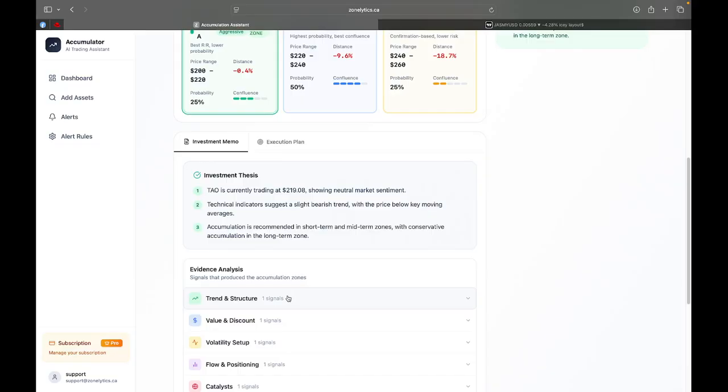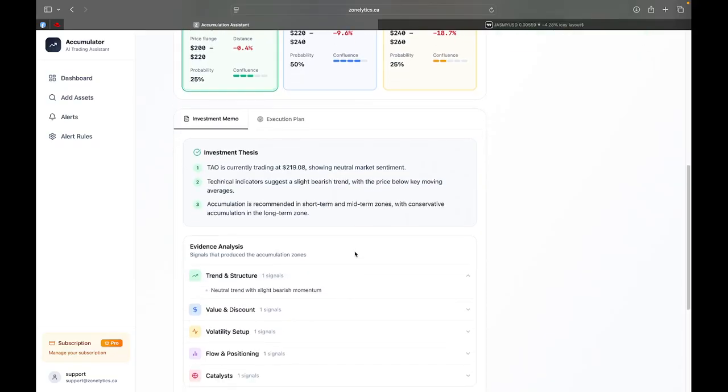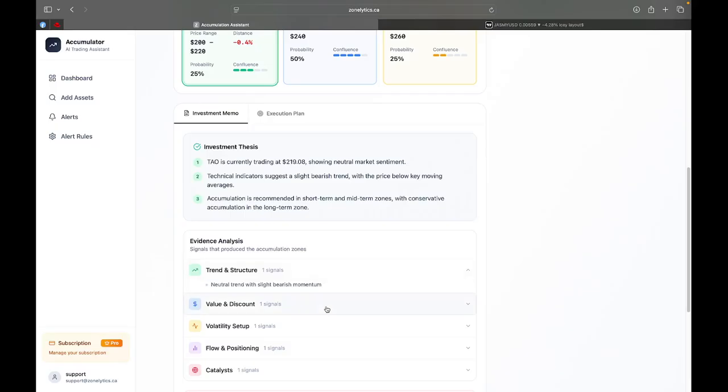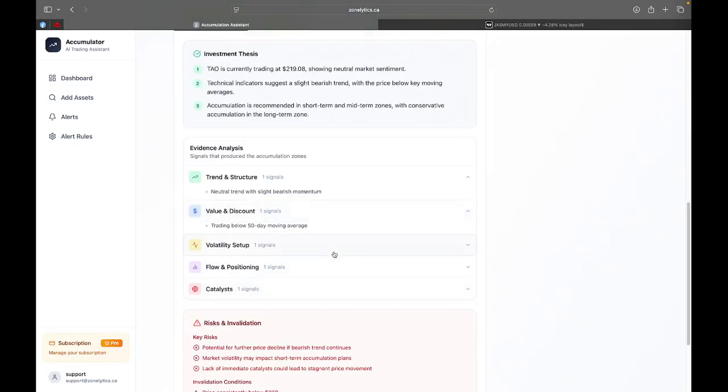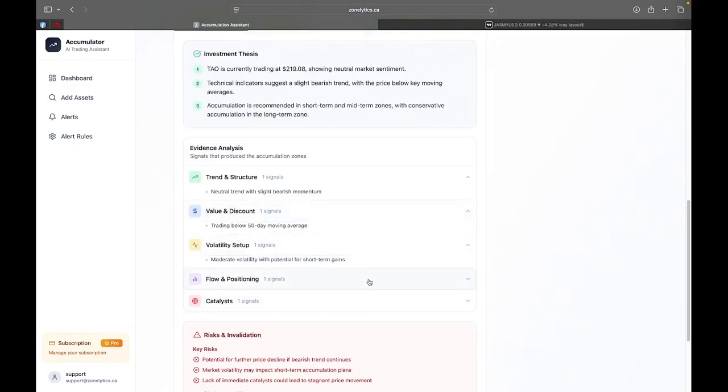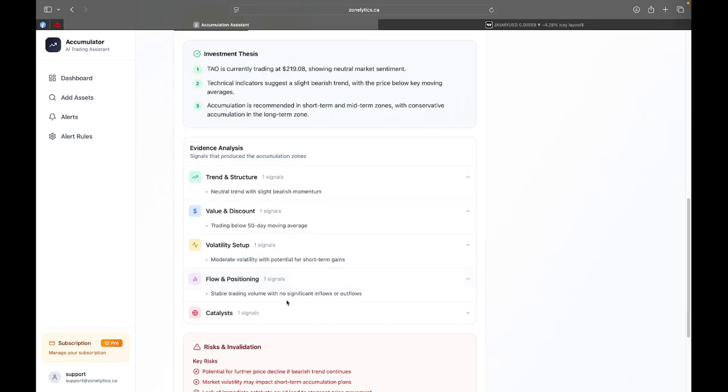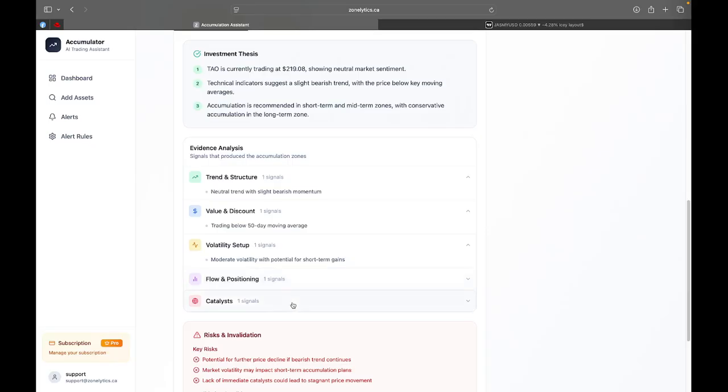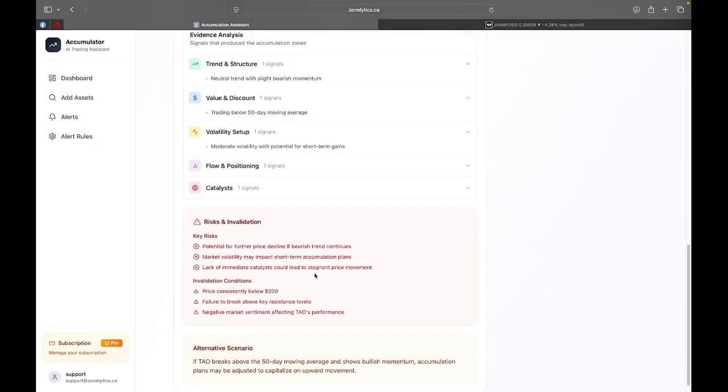Okay, let's go right down to neutral trend with slight bearish momentum. We got trading below 50-day moving average, moderate volatility with potential for short-term gains, stable trading volume with no significant inflows or outflows, and no immediate catalyst identified.